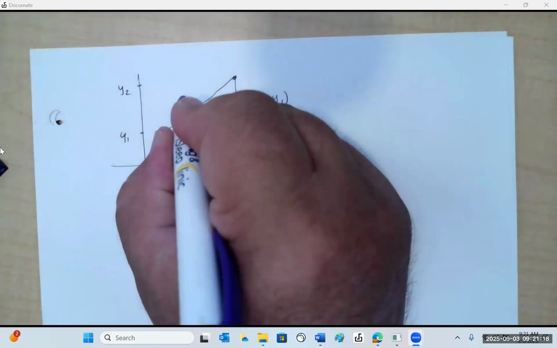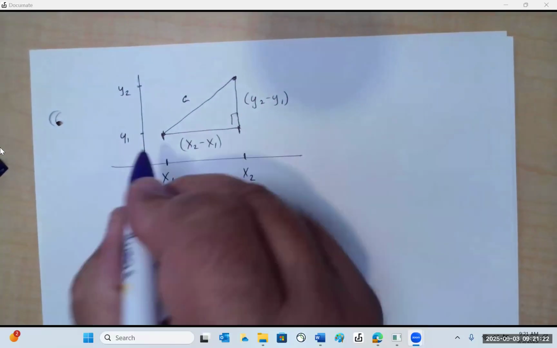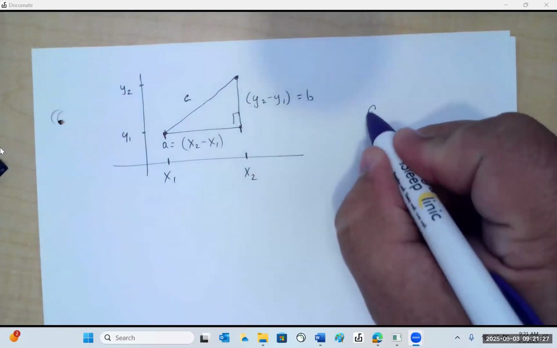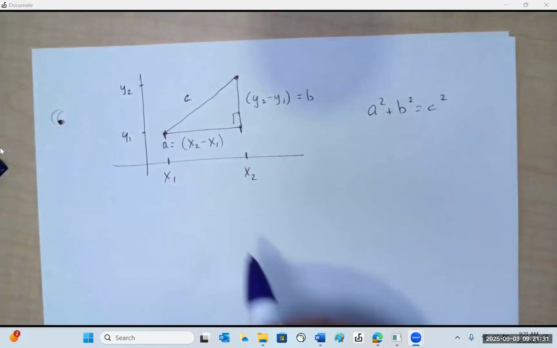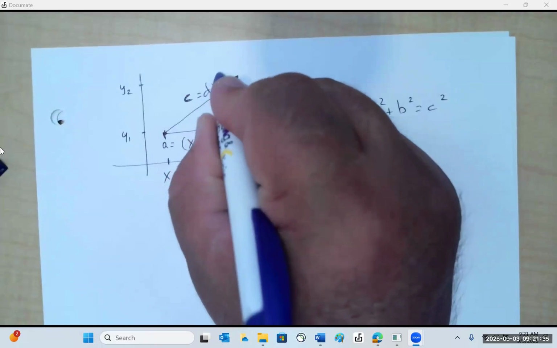and we'll call this C. So that's what A equals. This is what B equals. So A squared plus B squared equals C squared, which is also the distance.